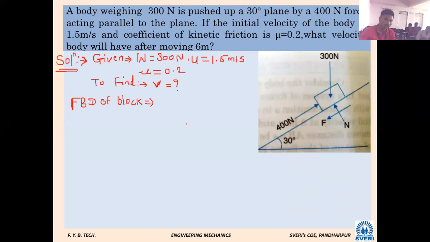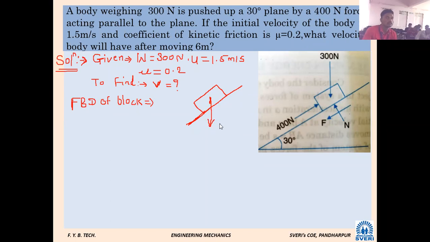So there is an inclined plane, maybe something like this, on which there is a block or body. Then this weight is going to act in which direction?